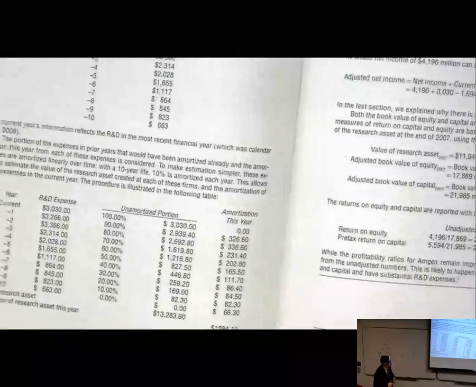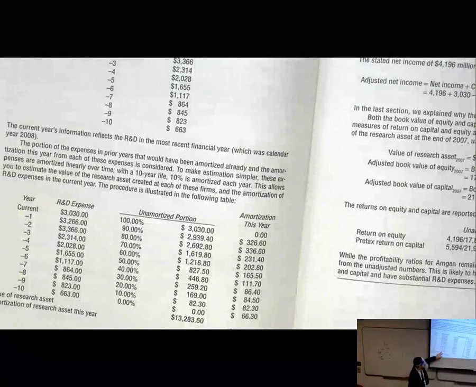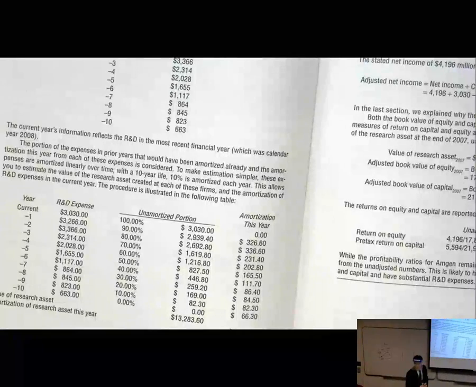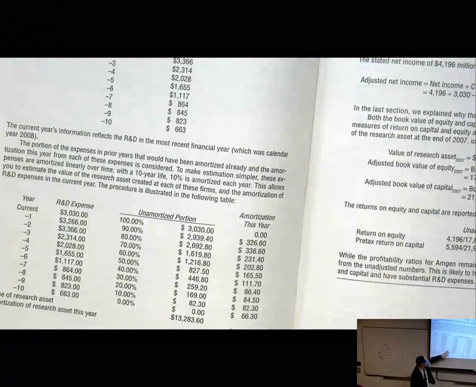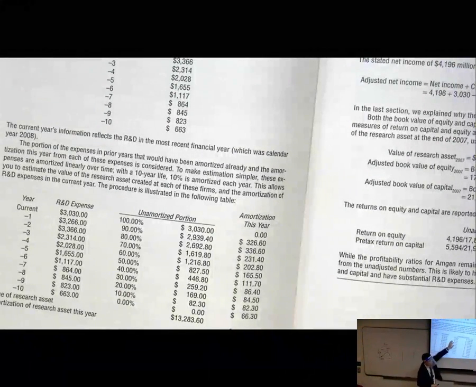So the R&D that happened 10 years ago has been amortized away totally. But for this one, still 10% left. And for this year, 20% left, and so on and so forth. And for the last year, 100% is there.